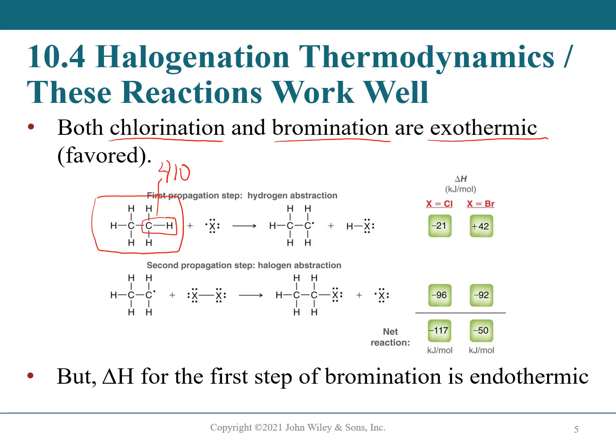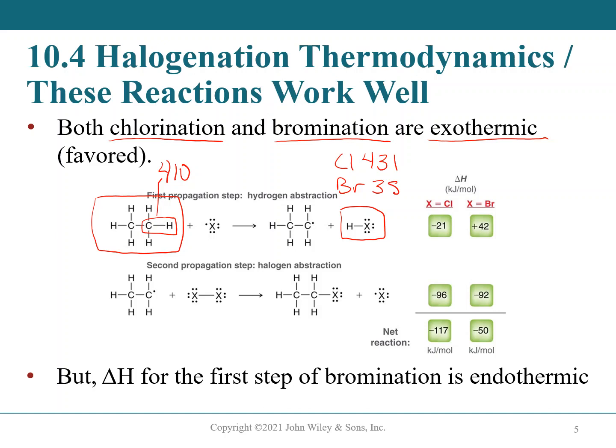We are breaking that carbon hydrogen bond, and on the right hand side, right, if we go back to slide, I believe it's 27, the HX bond for if we use chlorine first, the chlorine HX bond is going to be worth 431 kilojoules per mole, and the bromine HX bond is worth 368.